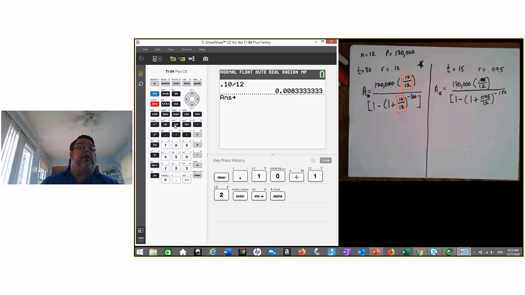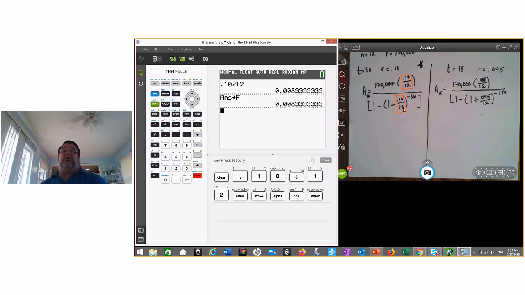DEF, is it cosine? Yep. I'm going to call that my fraction. Enter. Now you can use that F instead of typing that in down here, but that's just up to you if you want to do that.